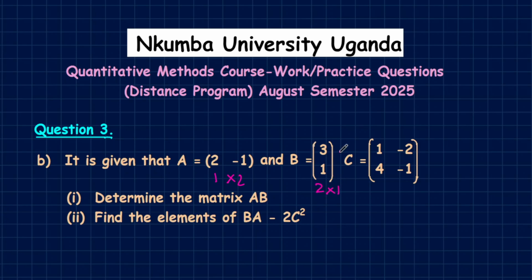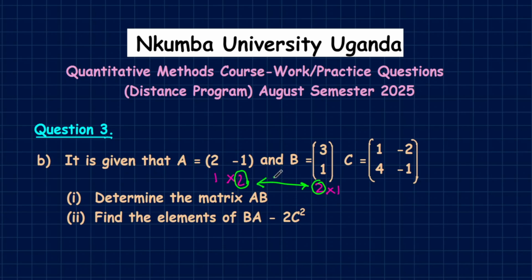The rows are here, 1, 2, then 1 column. When you look at these two numbers next to each other, if you bring them closer together, you realize they're the same numbers, 2 and 2. This tells us that this matrix multiplication is possible, that it is computable for multiplication.